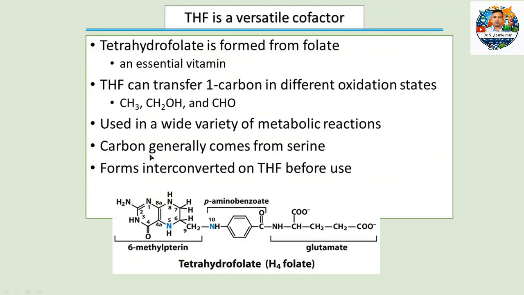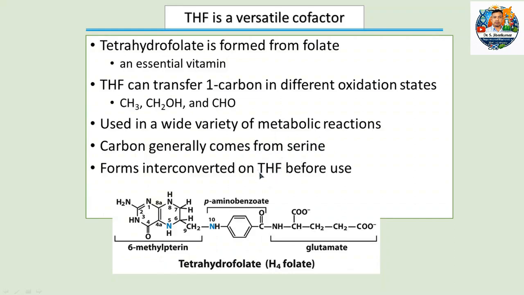And the carbon of these groups comes from serine, which is again an amino acid. And this is logical because since they are involved in the metabolism of amino acids, it is going to remove or carry one of the carbons from one of the amino acids, but specifically from serine.